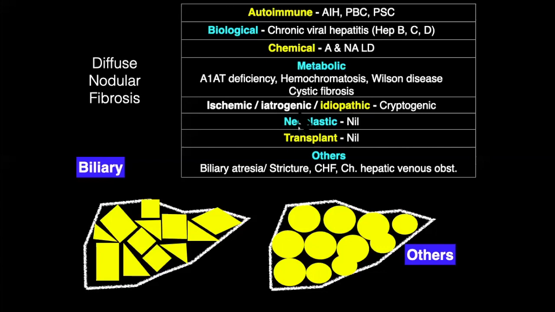Ischemic, iatrogenic, or idiopathic; we call it cryptogenic cirrhosis because we don't know exactly the cause. Crypto means hiding. In others, remember biliary atresia, stricture, congenital hepatic fibrosis, and chronic hepatic venous obstruction. Whenever they ask what are the causes of cirrhosis, remember ABC Minto and mention all the causes.